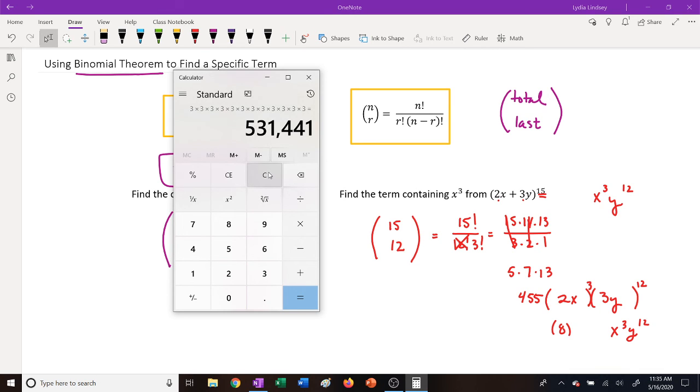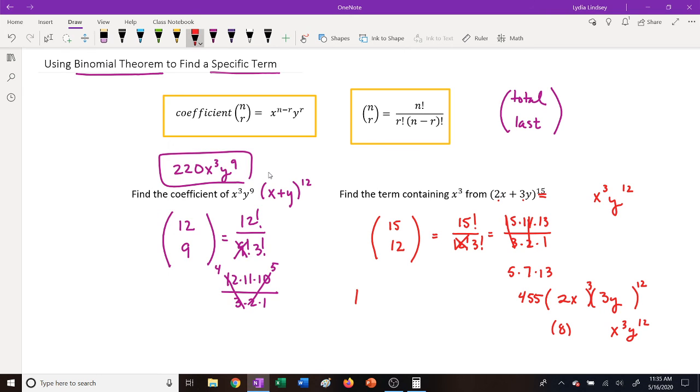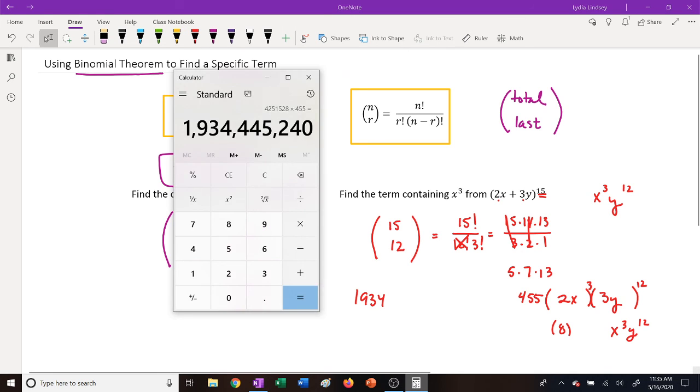That's what 3 to the 12th is. Times that by 8, times that by 455, and that is 1,934,455. A huge number.